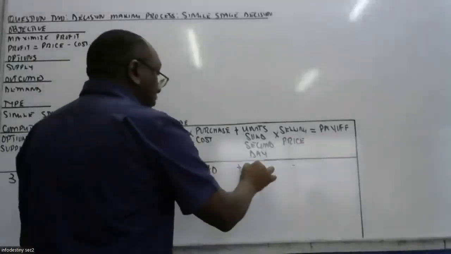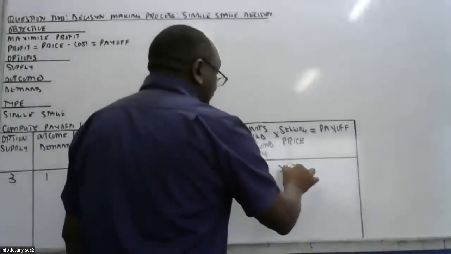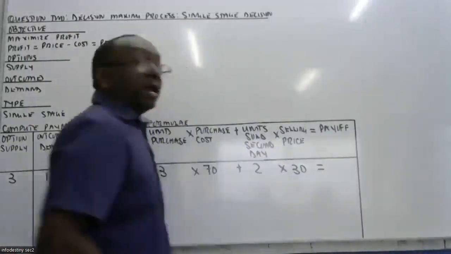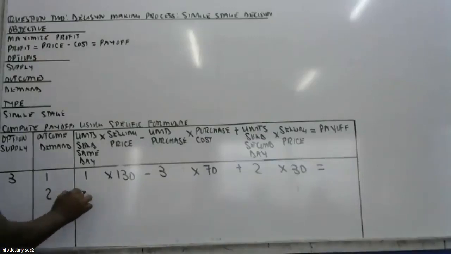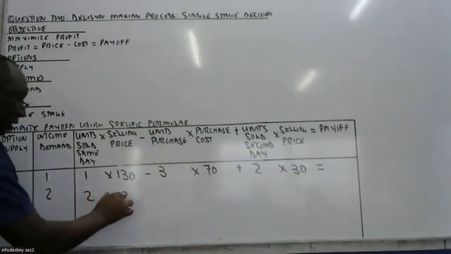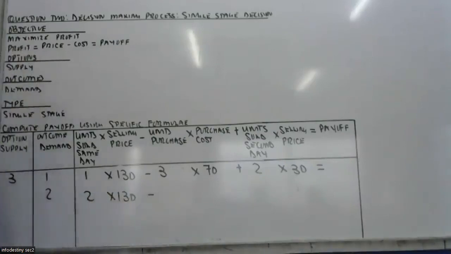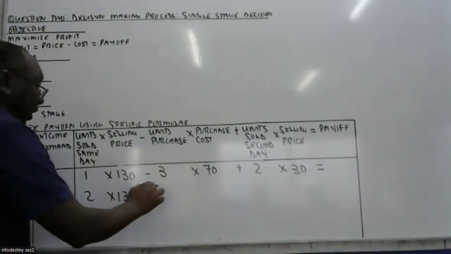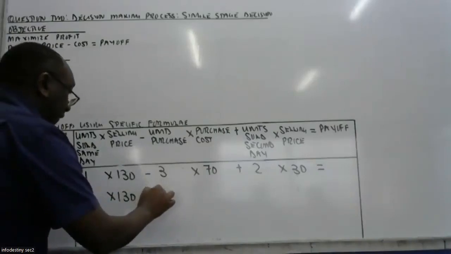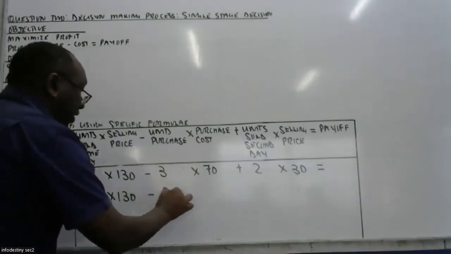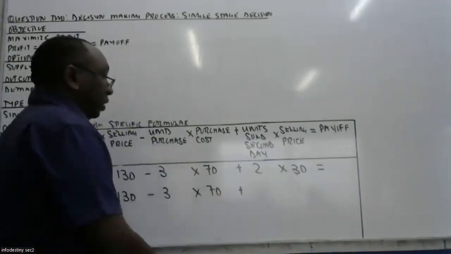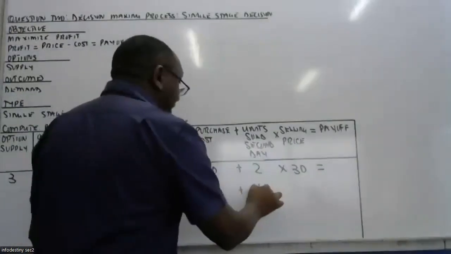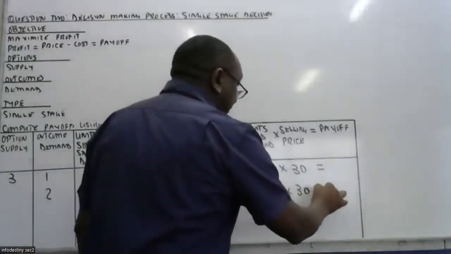Then 2 remain unsold, and you sell them at 30. If 2 customers come, you sell 2 at 130, and you have bought 3 at 70. You have 1 remaining at 30.